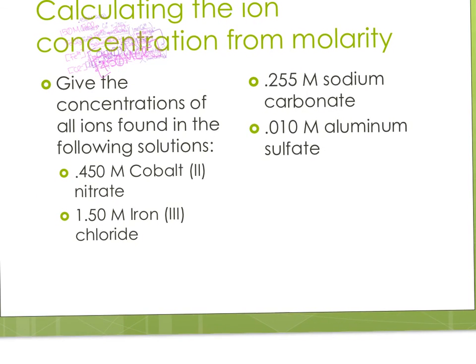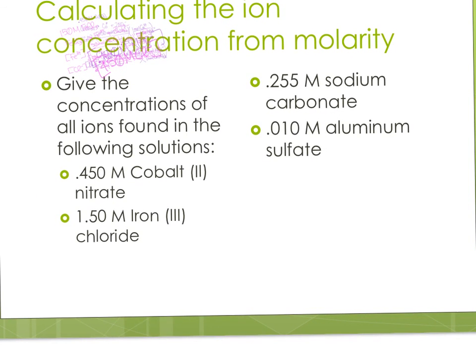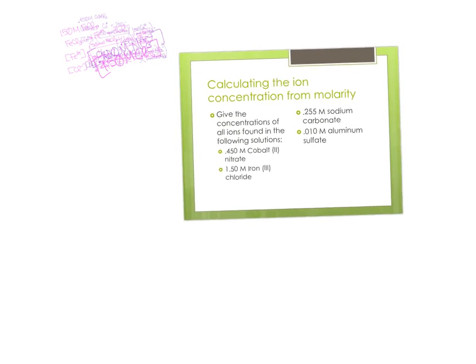Let's do one more. 0.010 moles of aluminum sulfate. So if I have 0.010 molar aluminum sulfate, how do I write aluminum sulfate? What's the charge on aluminum?